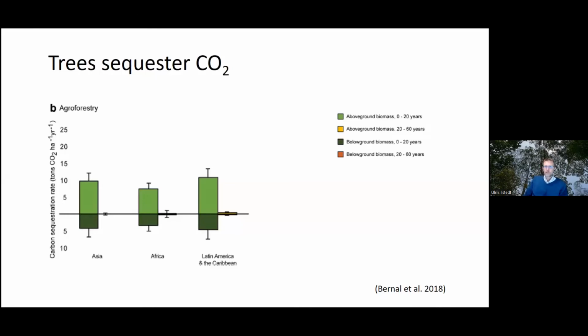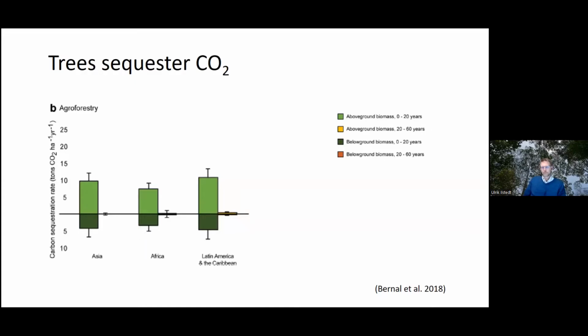The carbon sequestration of the trees is rather well documented. There are lots of sources, and depending on the situation and the type of system, we get the carbon benefit with the trees.